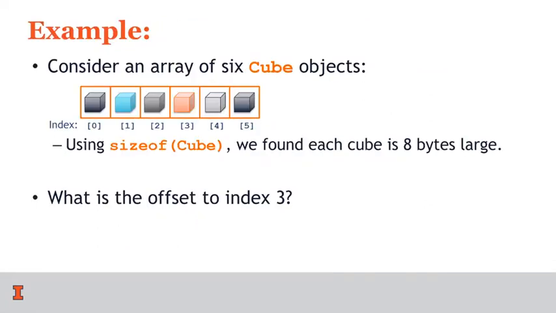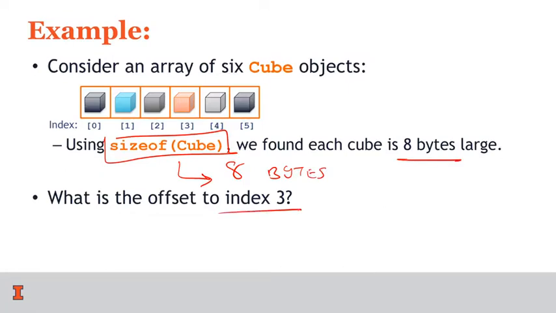If we look at another array, consider a cube array, we can use a sizeof operator in C++ to ask the compiler to tell us how big a cube is. So sizeof(cube) is going to return the size in memory it takes to store a cube in terms of number of bytes. So if we find out that each cube is 8 bytes long, then we can calculate what the offset is to index 3.